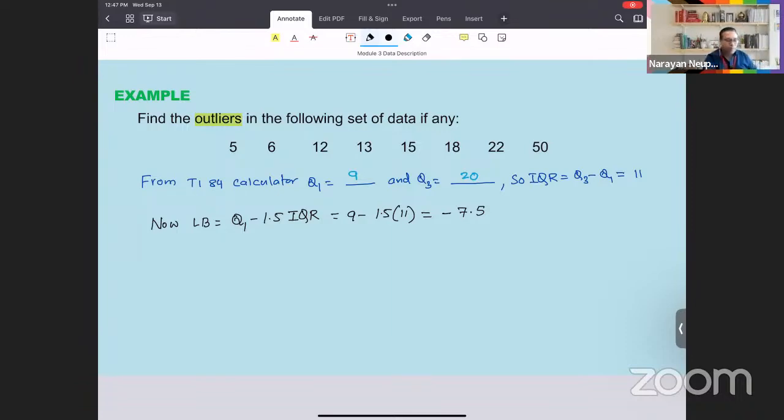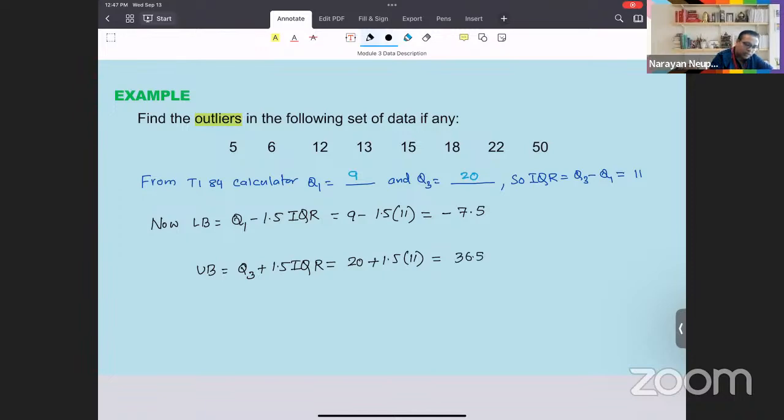Now let's check the upper end. You know your upper boundary is Q3 plus 1.5 times IQR. So upper boundary is 20 plus 1.5 times IQR, which is 11. So you can see that 20 plus 1.5 times 11 is 36.5.